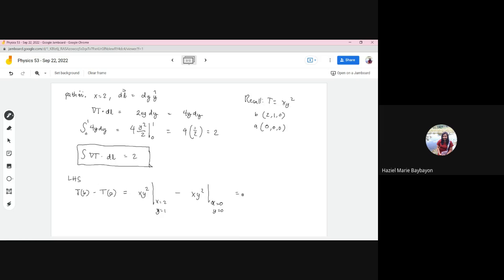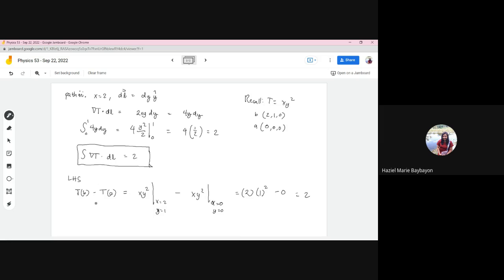Your a is 0, 0, 0, the origin. So from here we have 2 times 1 squared minus 0. So this is equal to 2. So they are the same.